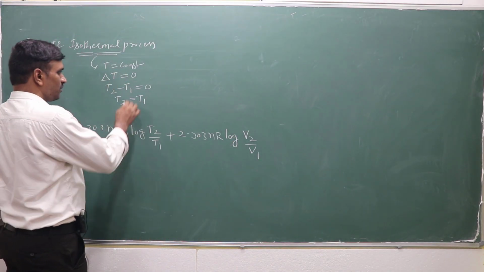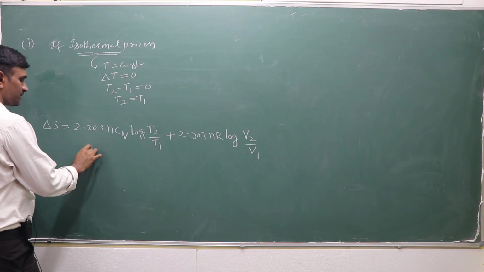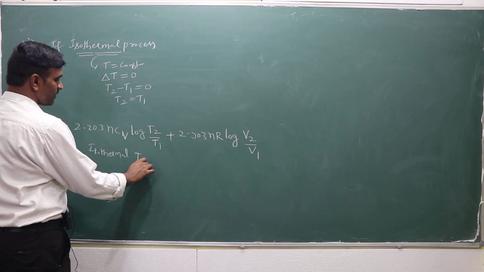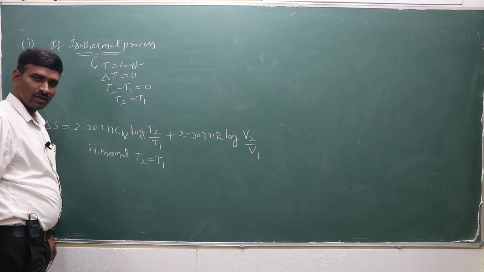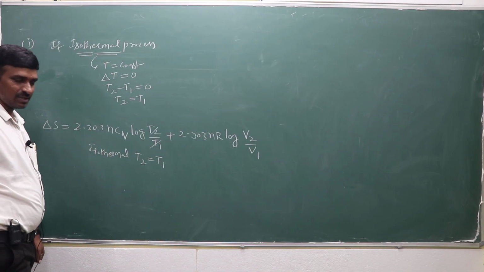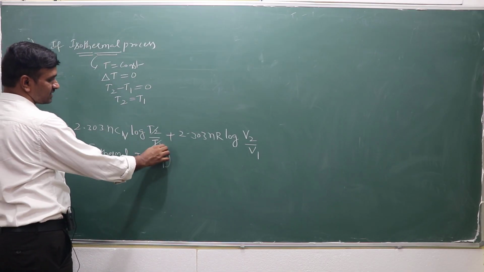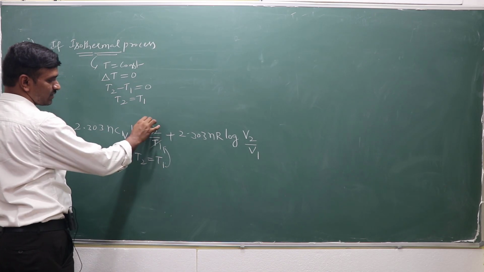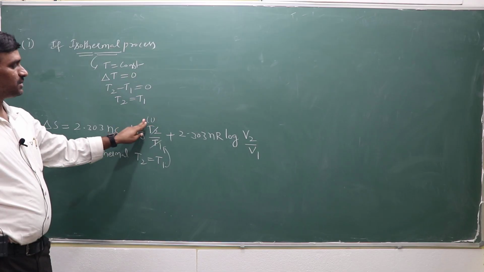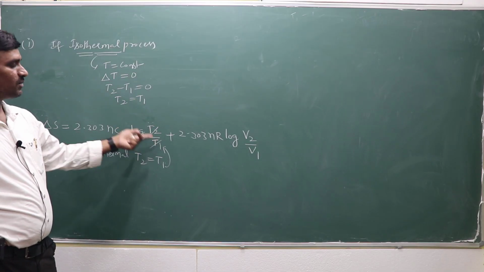From the isothermal process, T2 is equal to T1. When T2 is equal to T1, what will happen? This term cancels, that means log 1 is left. What is the value of log 1? 0. Logarithm of 1 value is 0.